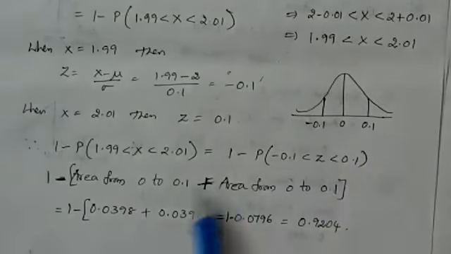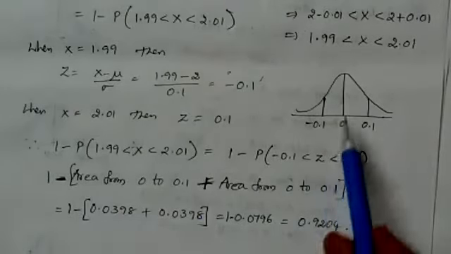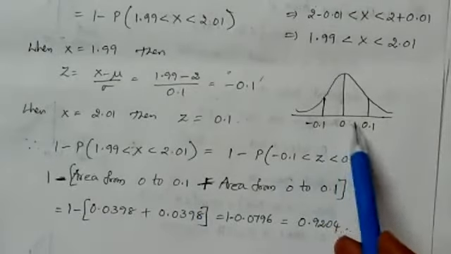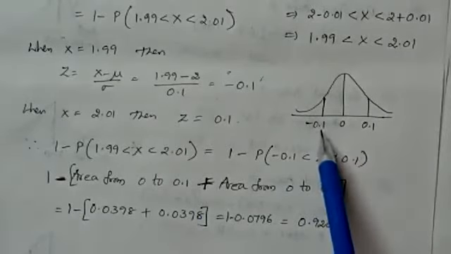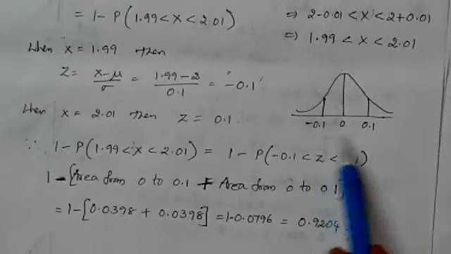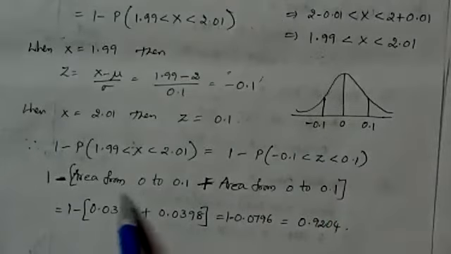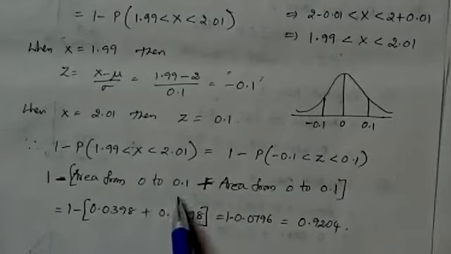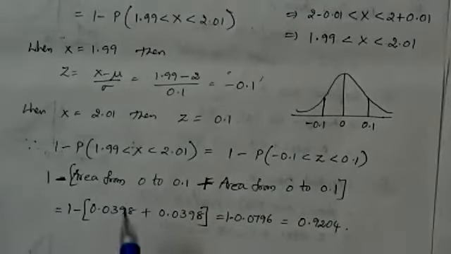Why have I not written minus 0.1 here? Because the curve is symmetrical, so you can write both as positive. We take the area as positive. So from 0 to 0.1, what is the area given in the table values?